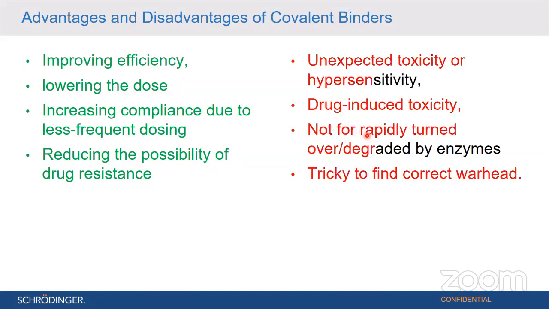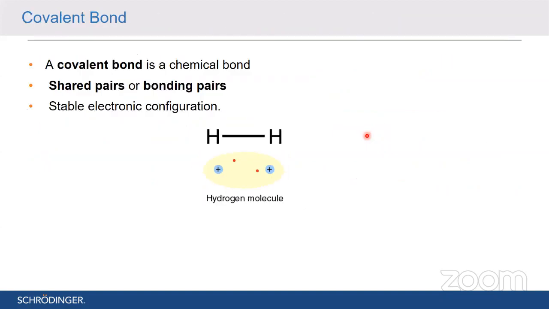The problems are unexpected toxicity or hypersensitivity. Drug-induced toxicity is very common, and it should not be used for rapidly turned over or degraded enzymes. And it is very tricky to find the correct warhead. So these are the advantages and disadvantages of covalent binders.